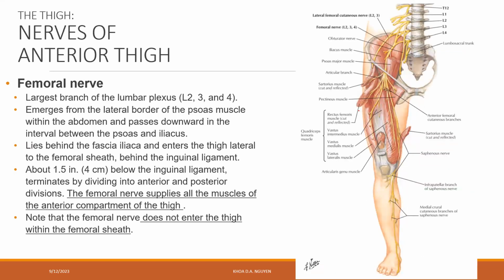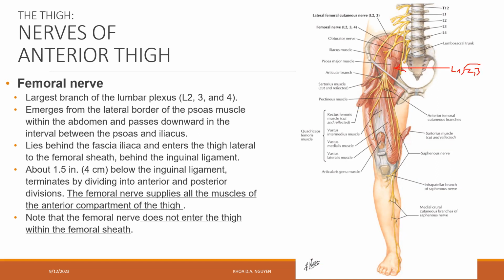Now, femoral nerve. What is important about the femoral nerve, guys? It is the one that is going to innervate every muscle of the anterior thigh. Now, if you're being picky about it, the psoas major muscle is going to be innervated by anterior rami of L1, 2, and 3.